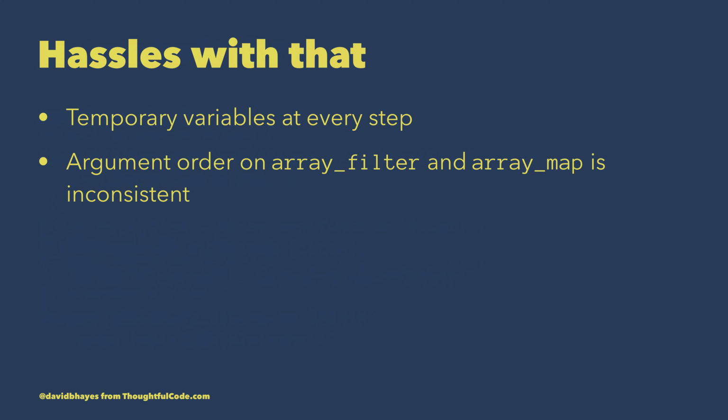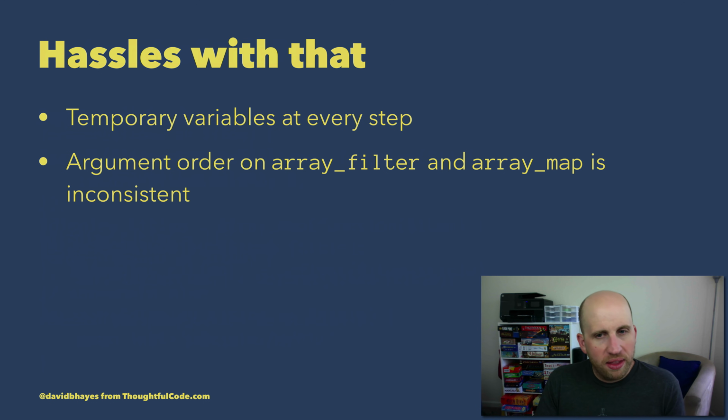So there are some downsides to what we just did. The first one is that we had to have temporary variables at every step. And this is just the nature of array filter and array map in PHP. You just have to do that. The other thing that got you, which I've glossed over mostly until now, is that array filter, I believe, I might get this wrong, takes an array as the first argument and your callable as the second, and array map takes a callable as your first argument and an array as the second.